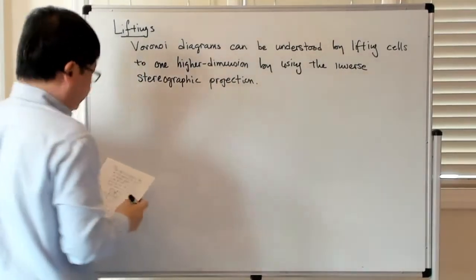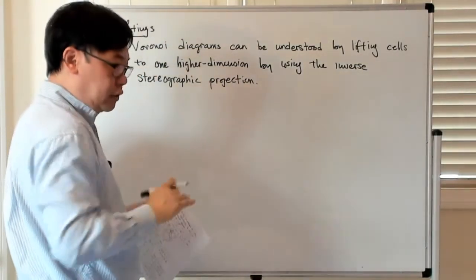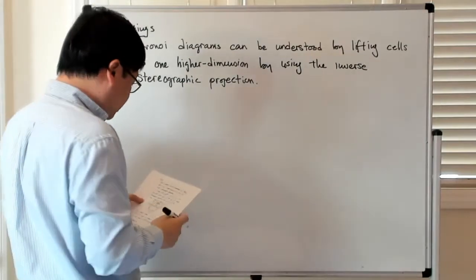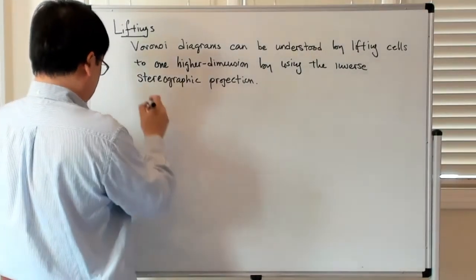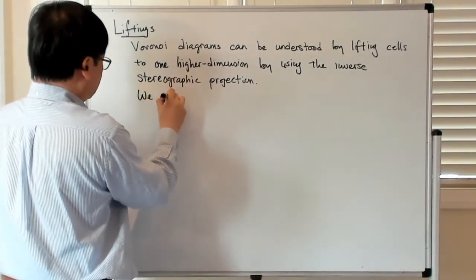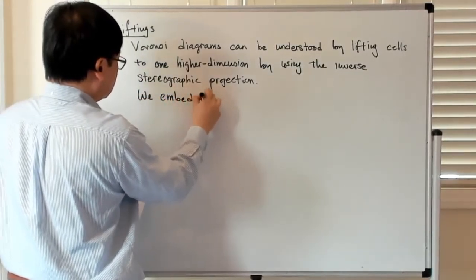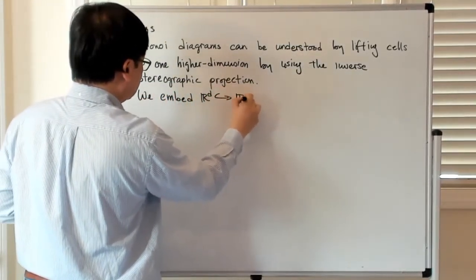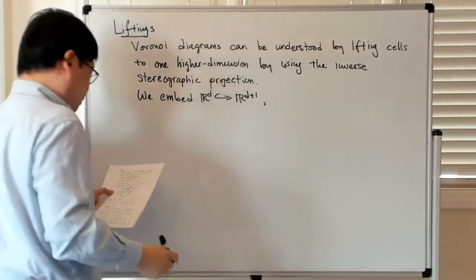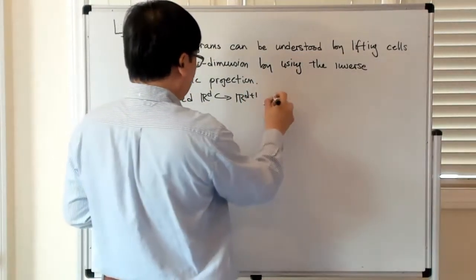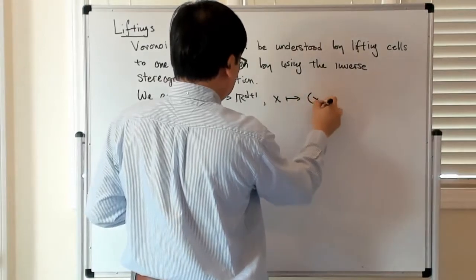Okay, and the way, of course, we do this, if you recall, is that we first embed R^D into R^(D+1). Where x just gets mapped to (x, 0), right?